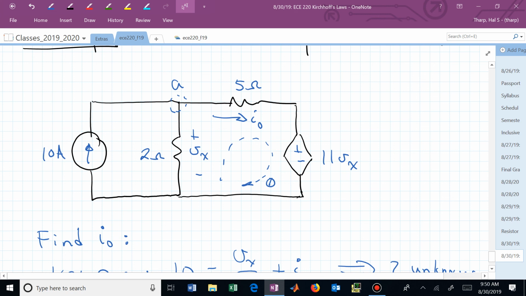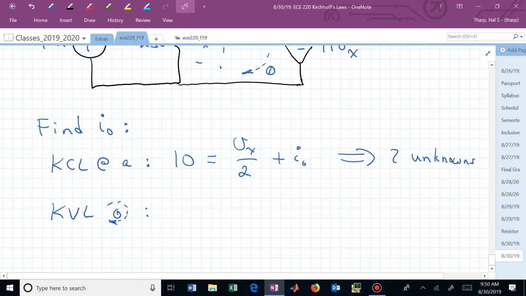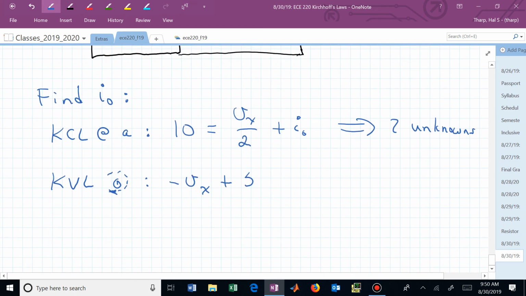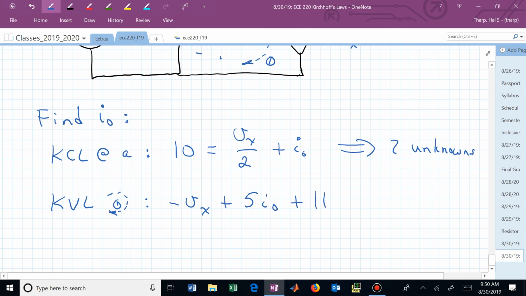Minus V sub x plus the drop across that resistor, 5 I sub 0 plus 11 V sub x is equal to 0. There's a second equation and two unknowns, the same two unknowns. Now we can solve for either of those, and one of those is I sub 0.